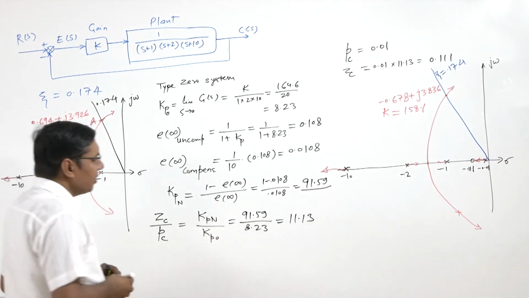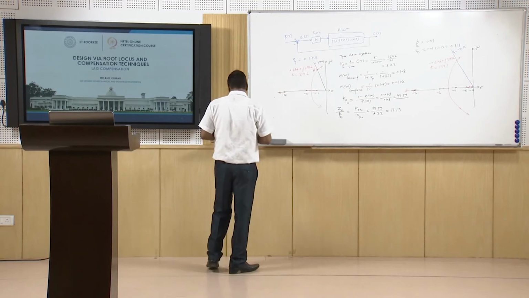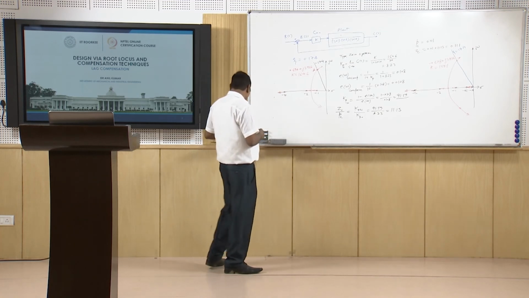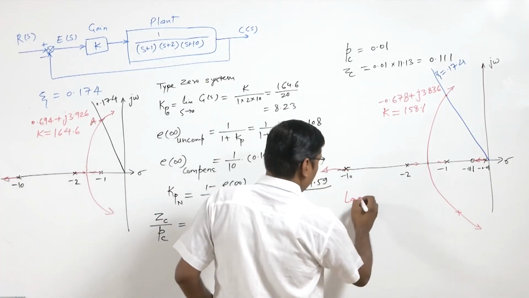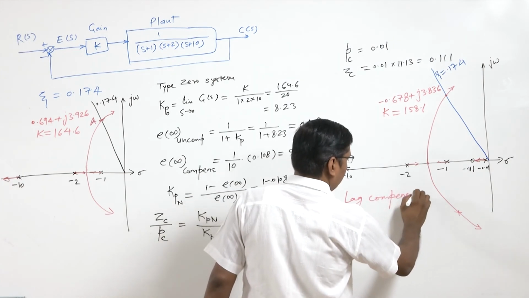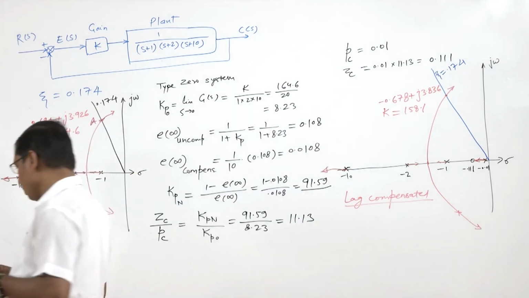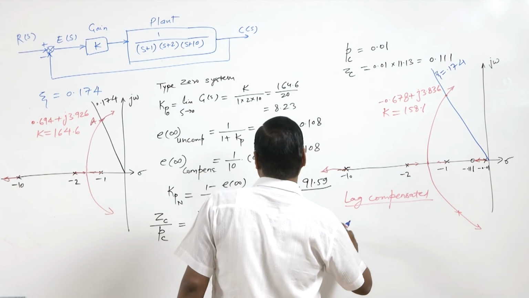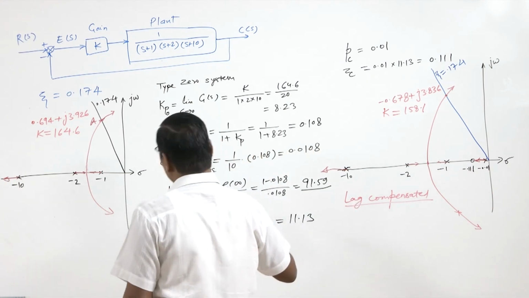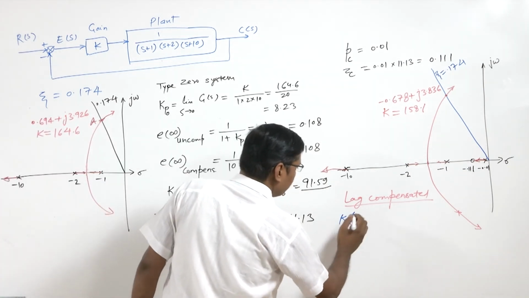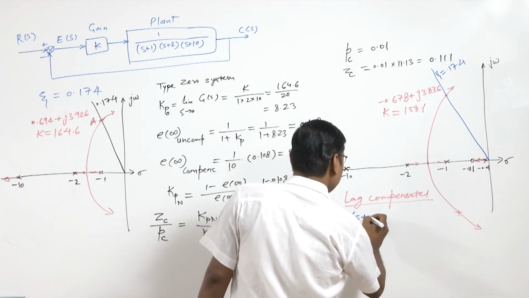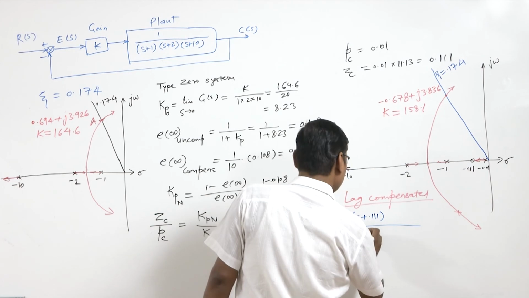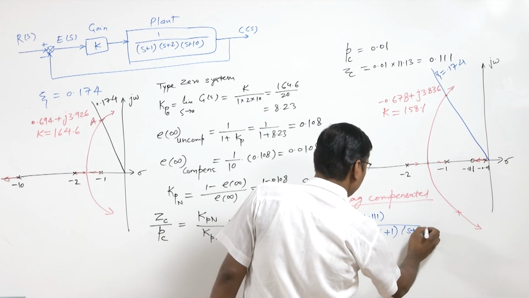So we have the lag compensated system. The lag compensated system will be here: K times (S plus 0.111) upon (S plus 0.01)(S plus 1)(S plus 2)(S plus 10).